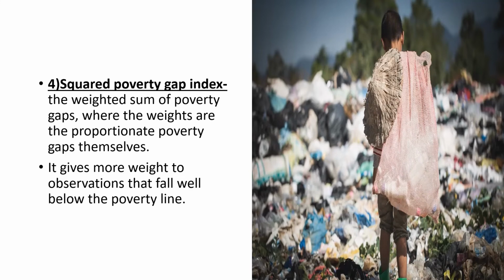For example, a poverty gap of 10% of the poverty line is given a weight of 10%, while one of 50% is given a weight of 50%. This is in contrast with the poverty gap index, where the gaps are weighted equally. Hence, by squaring the poverty gap index, the measure implicitly puts more weight on the observations that fall well below the poverty line.